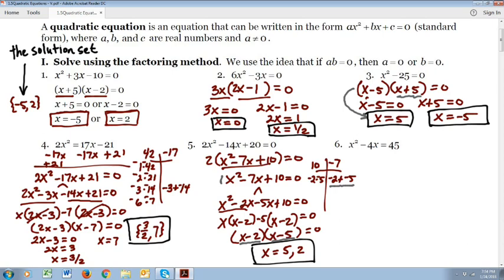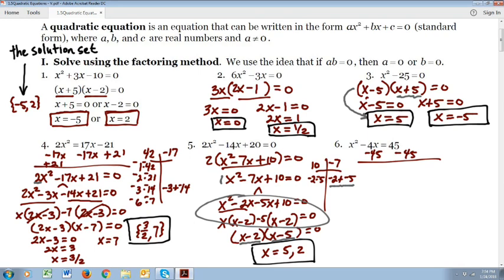So it turns out that anytime your coefficient of x squared is 1, you can take this shortcut. So we can go directly to x minus 2 and x minus 5. We really didn't have to do these 2 steps here. They're kind of optional steps in this case. Now if you look back at number 4, that's not an option there because we had a 2 in front of the x squared. All right, let's move on to number 6.